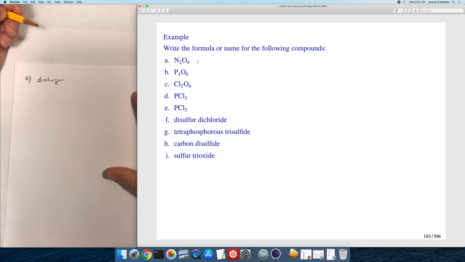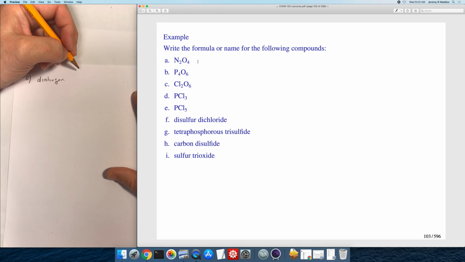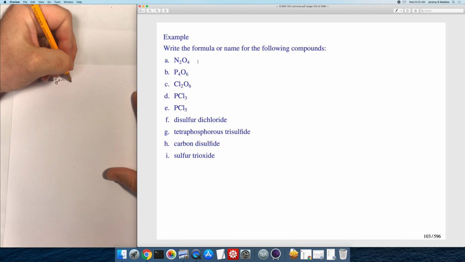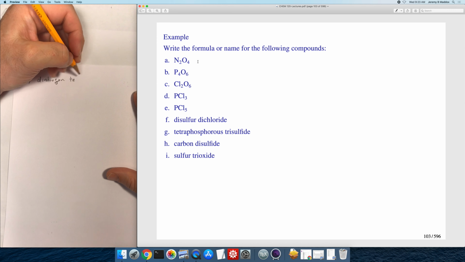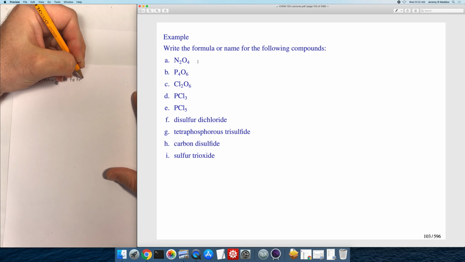So the first atom gets the full name of the element, and then the following atom, you use the suffix IDE. And so since we have 4 oxygens here, it's tetra. But since the A-O combination is a little awkward, we just call it tetroxide.